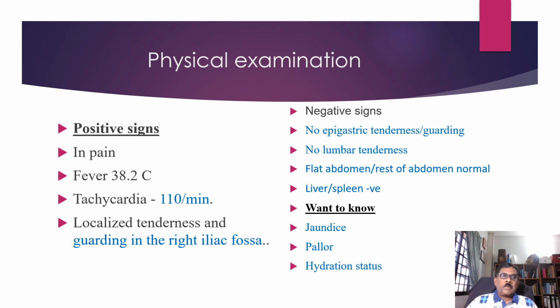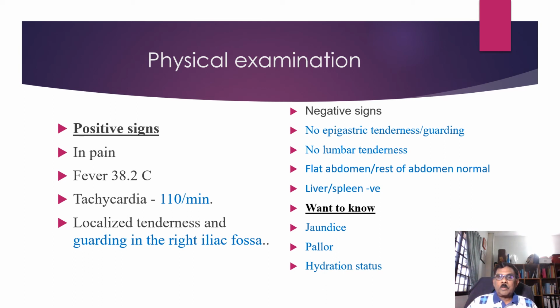Again, after the physical examination, we have listed down here the positive signs: patient in pain, fever, tachycardia, localized tenderness in the right iliac fossa, and guarding in the right iliac fossa. Negative signs were no epigastric tenderness or guarding, no lumbar tenderness, flat abdomen.